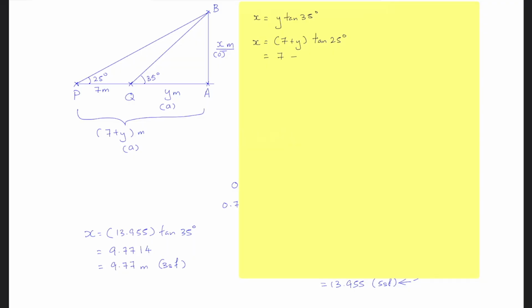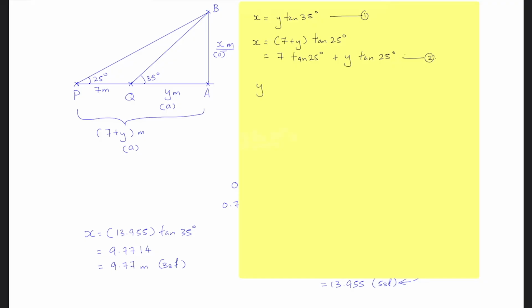So it will be 7 tangent 25 degrees plus y tangent 25 degrees. This will be my equation number 1. This will be equation number 2. These two equations are equal because of x, they are equal to each other.